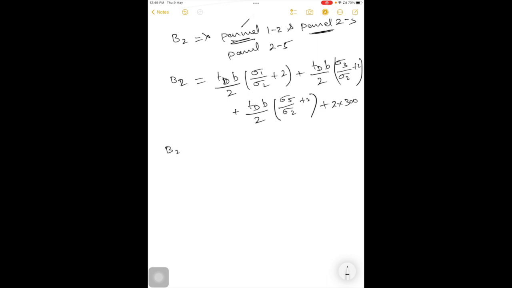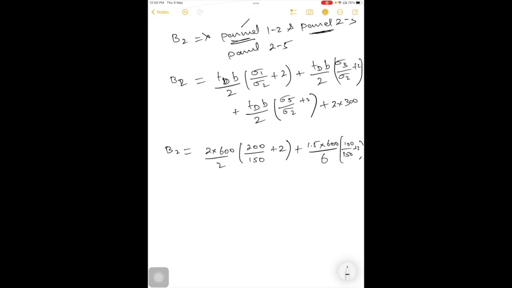So now we will substitute all the values. What is the thickness? The thickness is 2 into 600 divided by 6, sigma 1 is 200, sigma 2 is 150, plus 2, and panel 2 3, the thickness will be 1.5 and B will be 600 divided by 6, sigma 3 will be 100, sigma 2 is 150, plus 2.